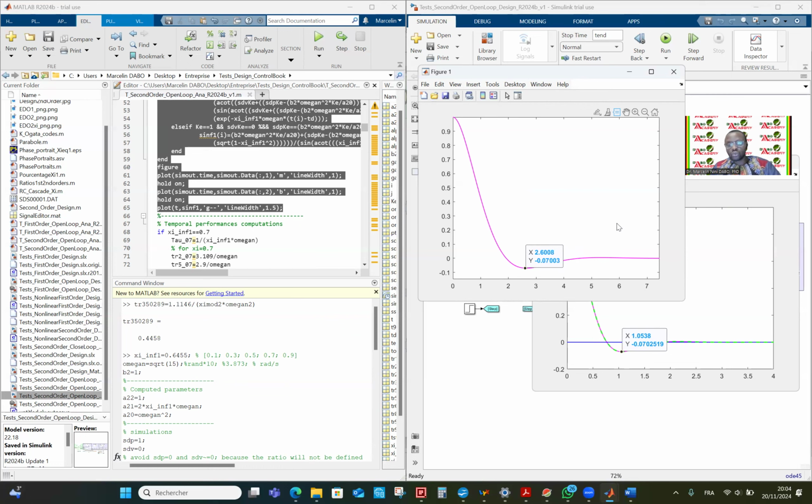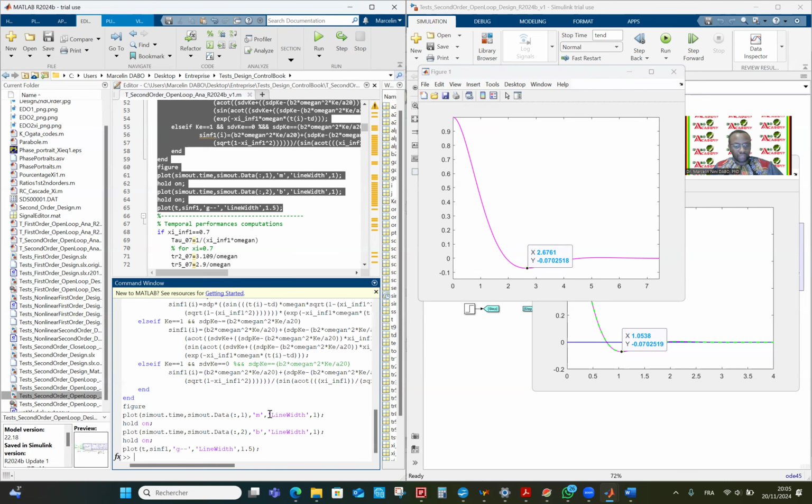Let me push it this way. Okay, let's say this one is okay. So this is the alpha that we should use to compute the time response. Let's go for the alpha.